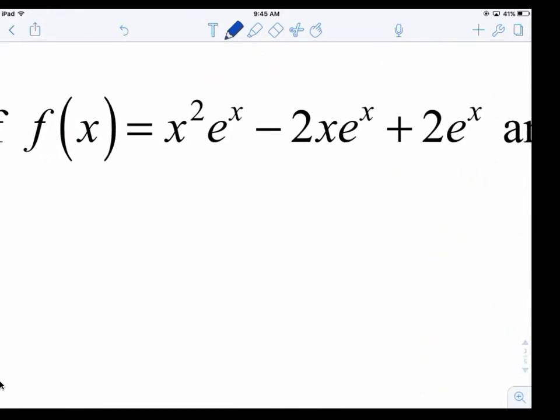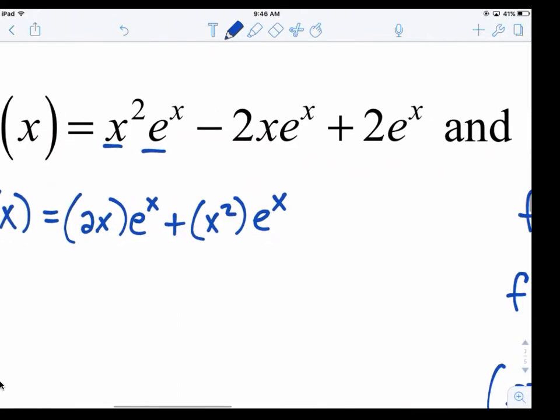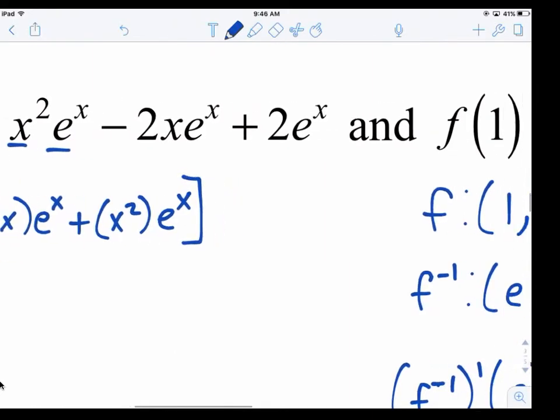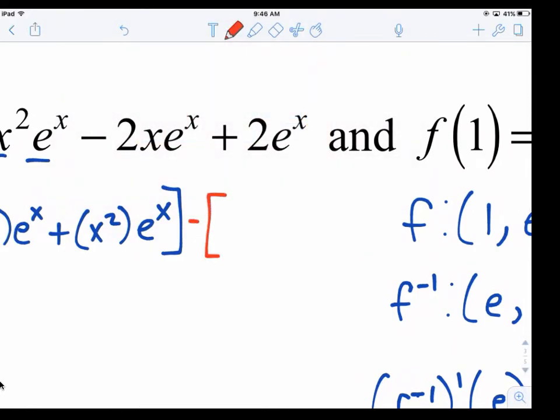So they give me f of x. So x squared times e to the x: derivative of the first times the second, plus the first times the derivative of the second, which is just e to the x. Okay, so that's the first part. Minus, now again, another product rule.